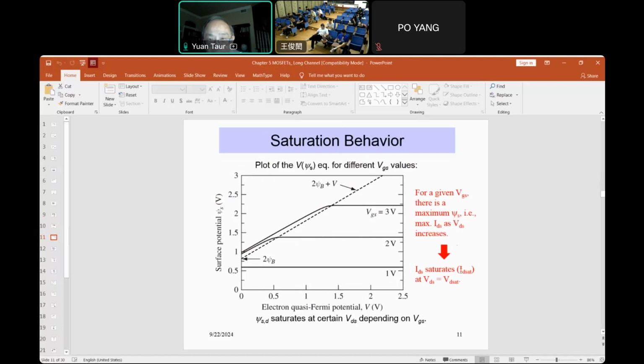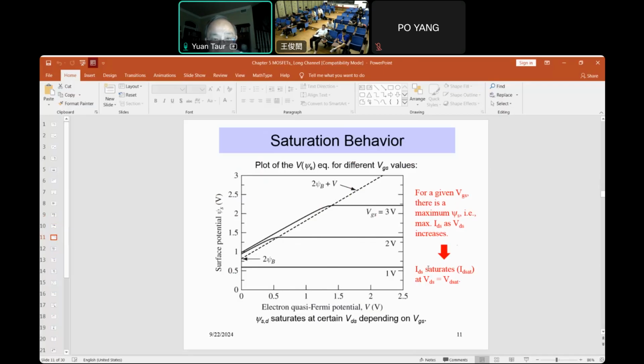So IDS saturates at some VDS saturation. In this case, VDS is about 0.5. Here, VDS is about 1.3. So the current goes up because psi SD keeps going up until about maybe 1.4, and then it doesn't go up anymore. So the current saturates at the VD sat about 1.4 here, and about 0.5 here.